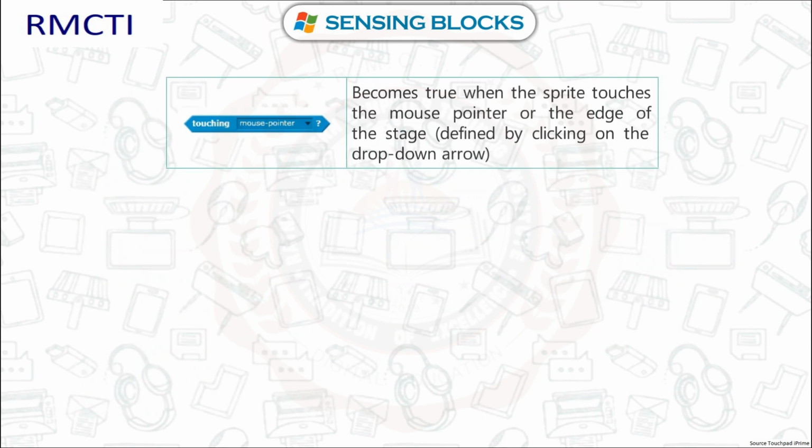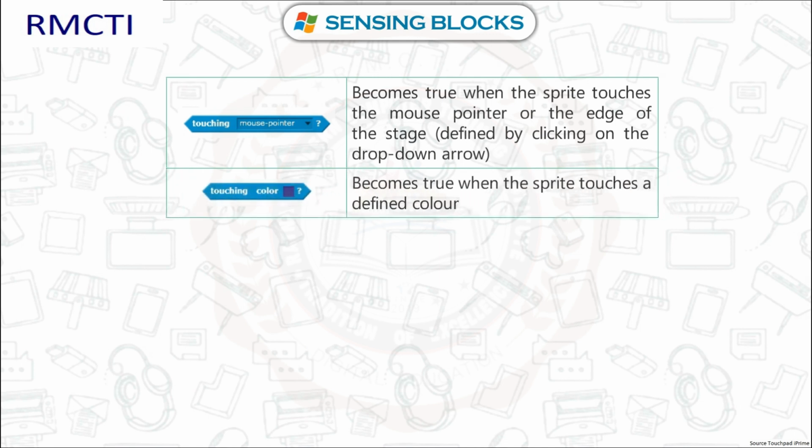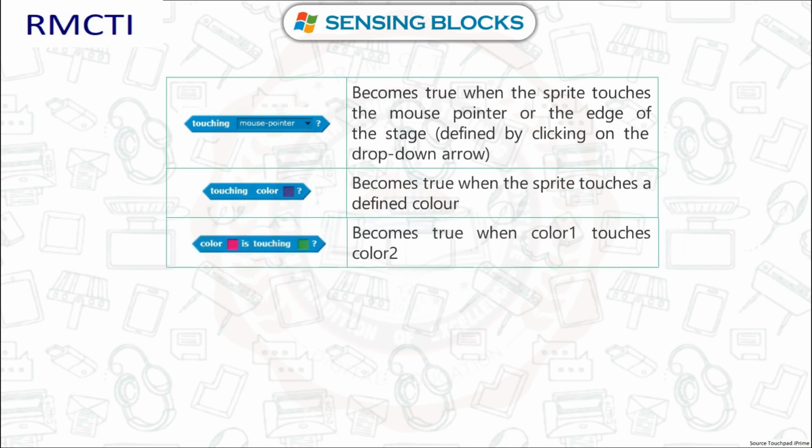Touching mouse pointer becomes true when the sprite touches the mouse pointer or the edge of the stage, defined by clicking on the drop-down arrow. Touching color purple becomes true when the sprite touches a defined color. Color red is touching color green becomes true when color 1 touches color 2.